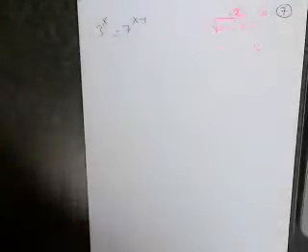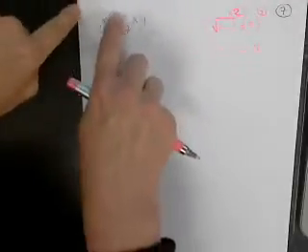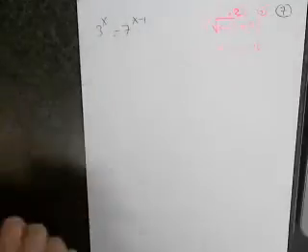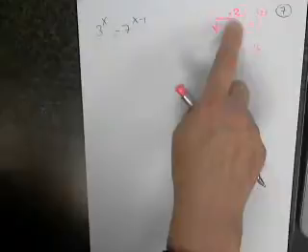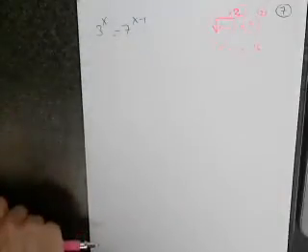What should I do to both sides so that I can bring these powers down? There is only one function that has that property, that if I apply it to both sides, it will allow me to put the power in front as a factor. So what will I do to both sides? Here I squared. Here I have to use the inverse function of what I see here.